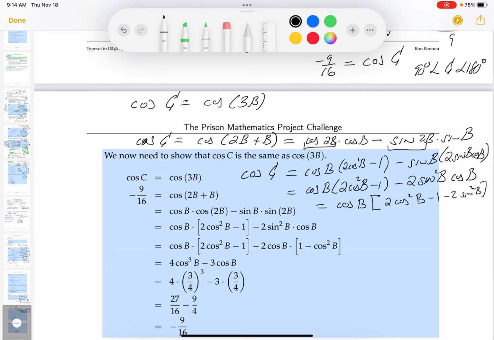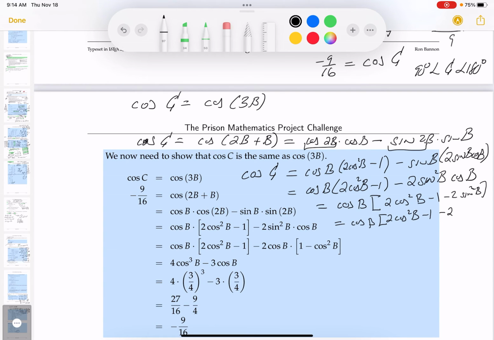I think I want to get everything in terms of cosines now. And what do you get there? You get 2 cosine squared b minus 1 minus 2 something, right? That's going to be 2 times 1 minus cosine squared b.